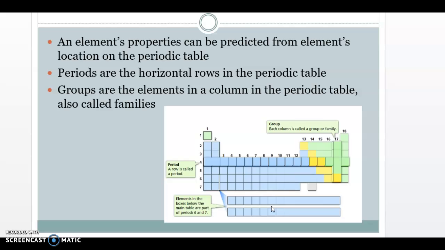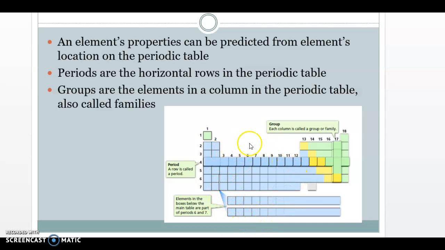But we can tell a little bit about the properties from the element's particular location. As we go through the periodic table in more detail, you'll see that those that fall in the same family or group have some very particular properties that are similar. The transition metals we'll talk about later.